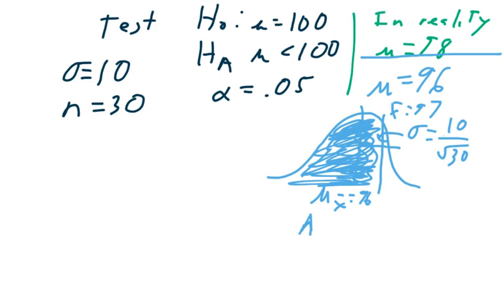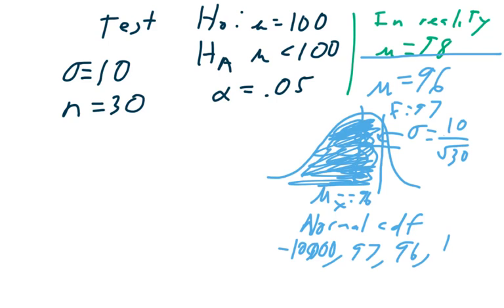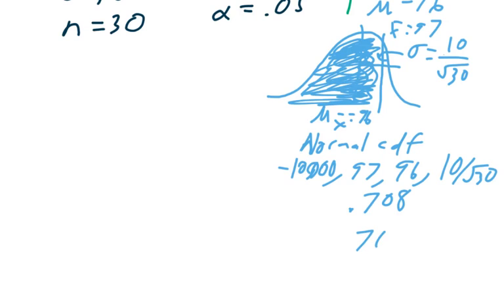So we're going to do our normal CDF from the low number to 97 with a mean of 96 and 10 over the square root of 30. And so the power here was 0.708, which is 70.8%.